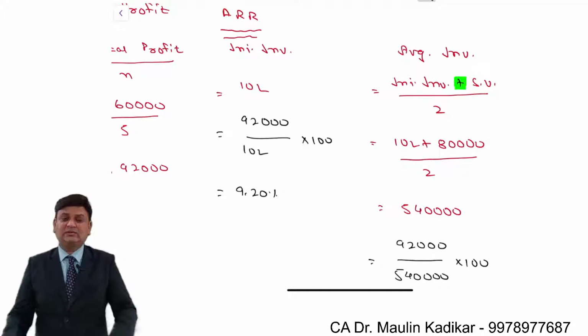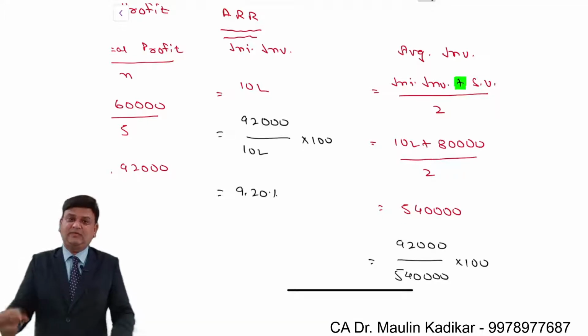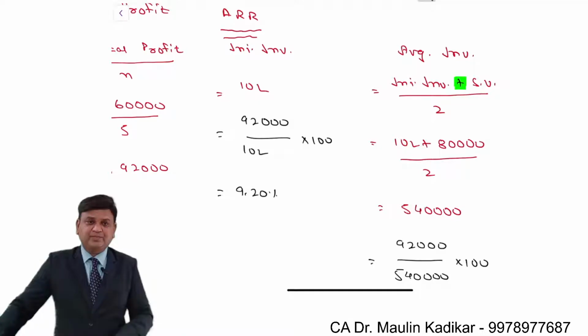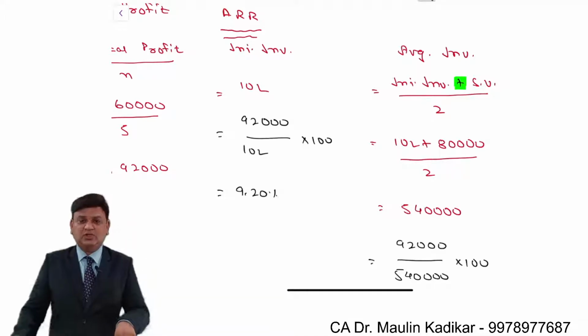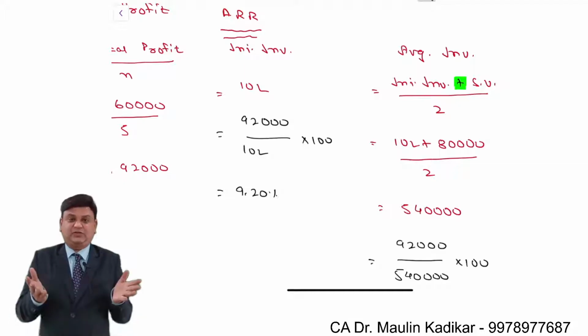So over here the concept of the time value of money is ignored, and of course the profit is taken for the purpose of decision making, which is again considered to be manipulative. We understand that financial management always talks about cash flows. Why?